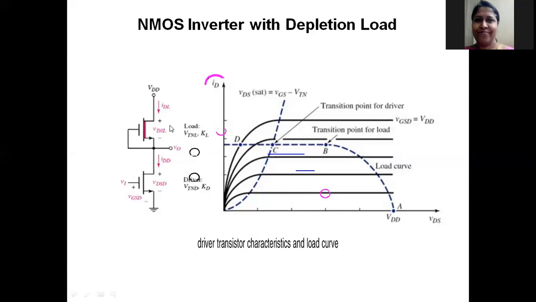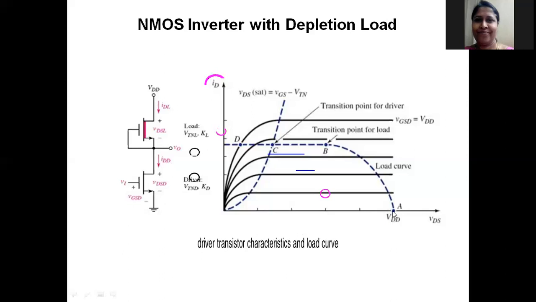Therefore, if the voltage across drain and source of the depletion device is maximum, the voltage across drain and source of the enhancement device is minimum. If the voltage across drain and source of the enhancement device is maximum, then the voltage across this will be minimum.